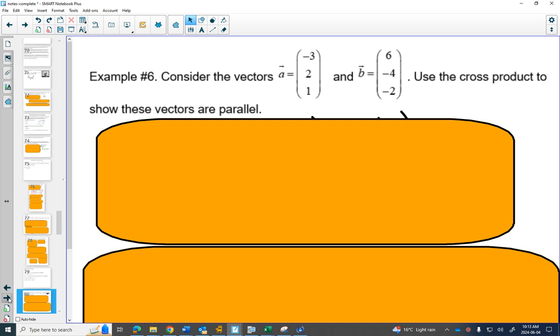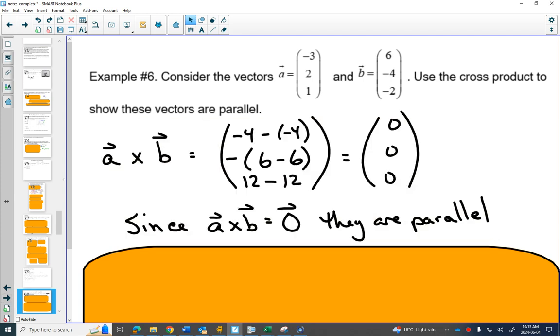So, consider these vectors. We want to use the cross product to show that the vectors are parallel. So again, for the cross product, for this first part, I would ignore those, and I did the determinant to get -4 minus -4.